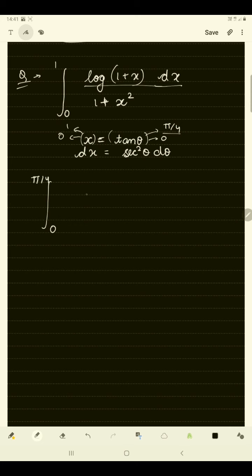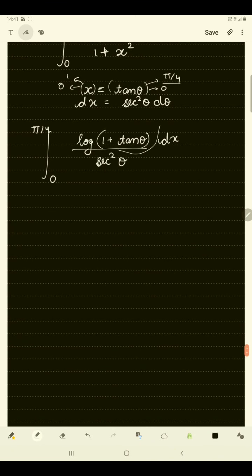And now we are going to just substitute the values that we found. 1 plus tan square theta is secant square theta, because we had a tan theta in the numerator, and we had a dx over here. So dx upon secant square theta is equal to d theta. So we're just going to substitute this as d theta.